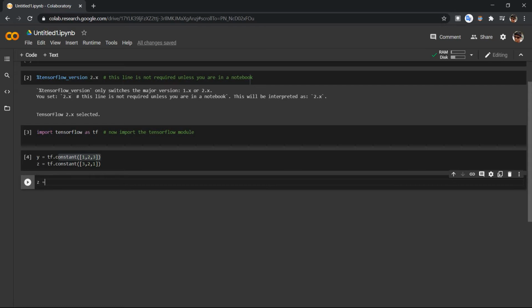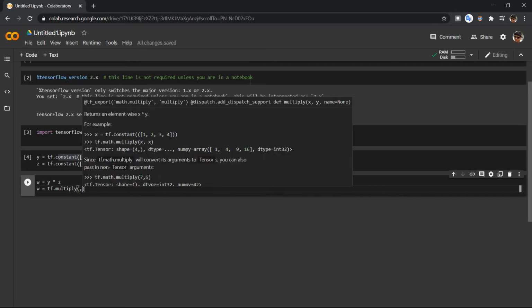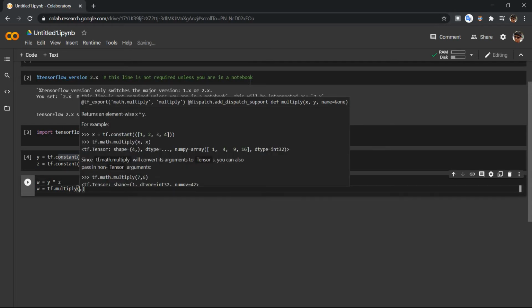W is equal to Y asterisk Z, or you can do W is equal to tf.multiply, and which two things you want to multiply.